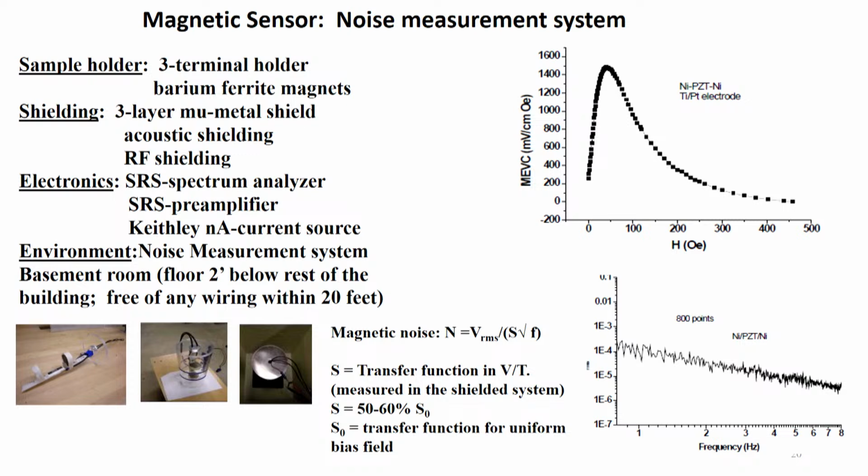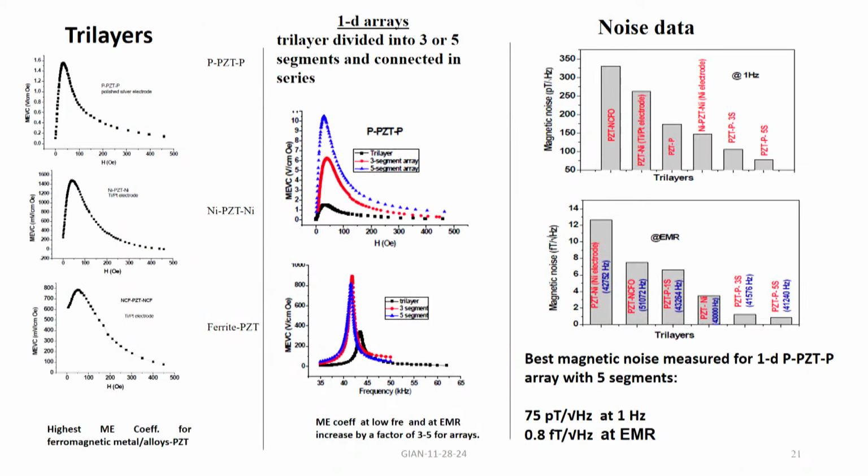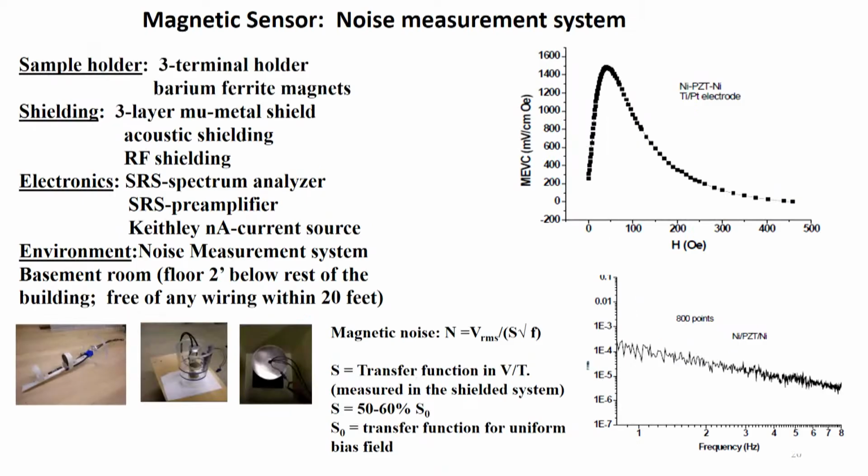So, we have to convert this into magnetic noise. There is a formula to find the magnetic noise. That is this formula, magnetic noise. I do not want to confuse you with too many details. So, it is V root mean square, V RMS, divided by S. What is S?